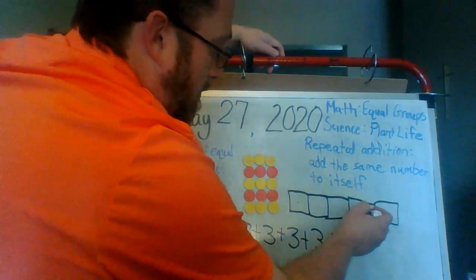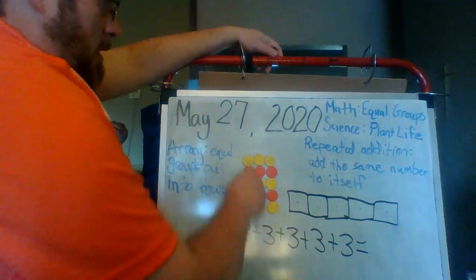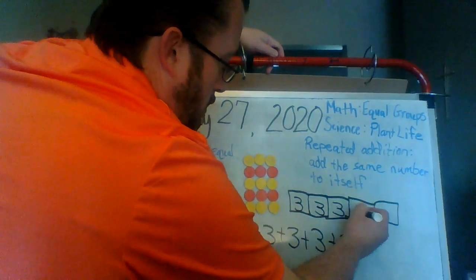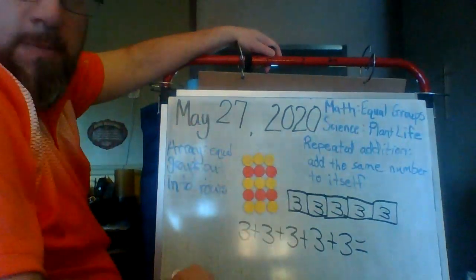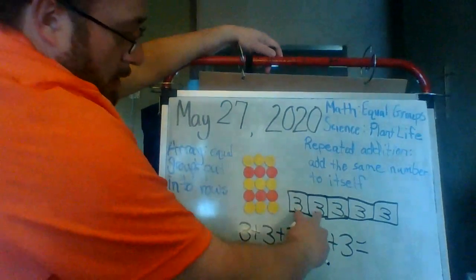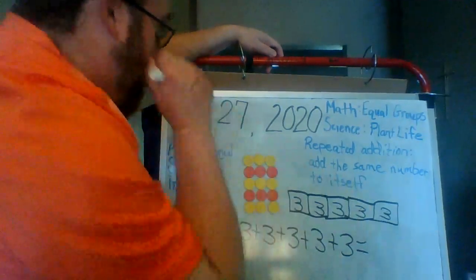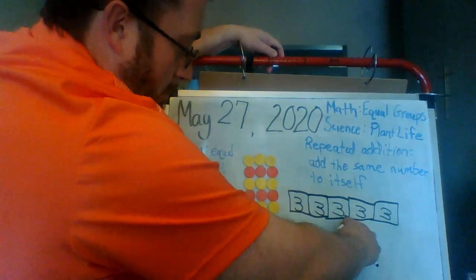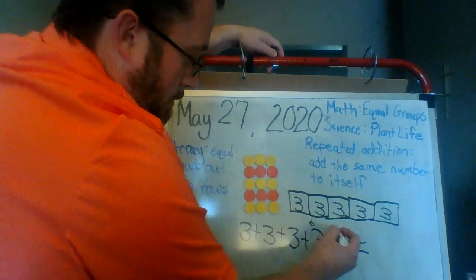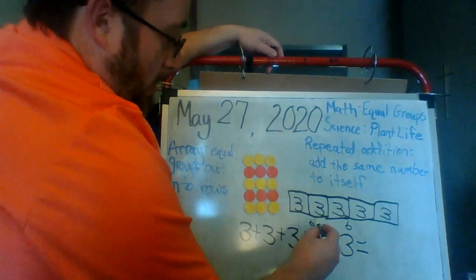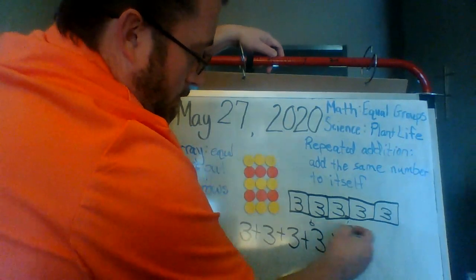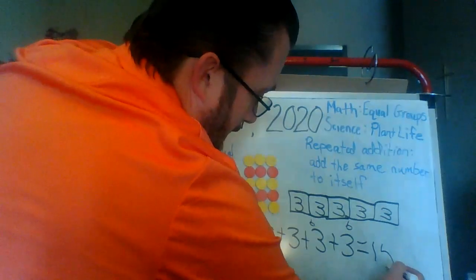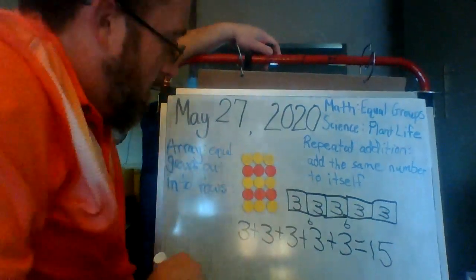And since I have 3 in each row, there's the tape diagram. And now I can add these up to try to figure out my answer. Well, I know double 3 is 6, and another double 3 is 6. And I also know that 6 plus 6 is 12. So 12, 13, 14, 15. My answer, my sum, is 15.